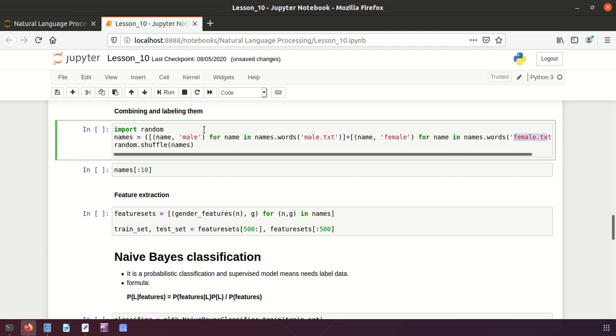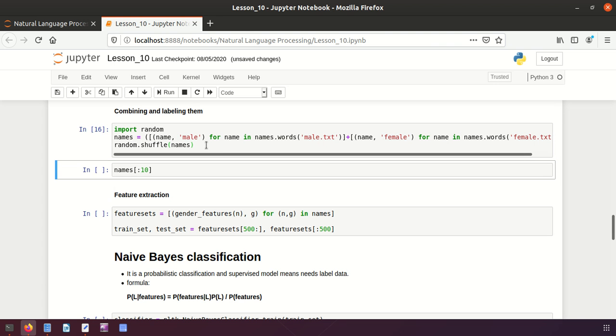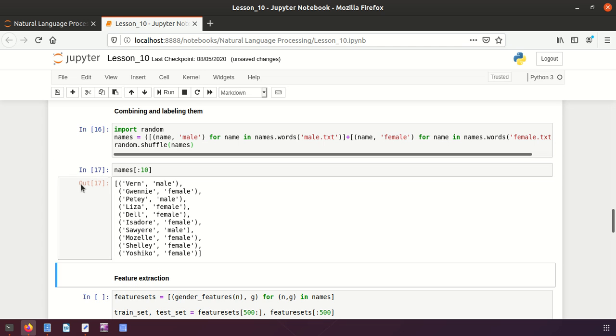I am creating a for loop. One by one the names are extracted from the files and the label is assigned to them. All the male names are assigned male, and the data read from the other file is assigned female, and they are shuffled. We randomly shuffle the names, and let me print, and now they are combined.